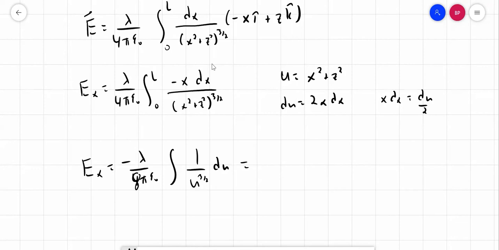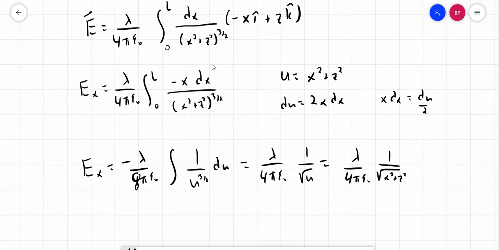So that'll cancel with that and give us a 4 back. So we have lambda over 4 pi epsilon naught times 1 over the square root of u. Well, going back to x and z, this is the square root of x squared plus z squared.